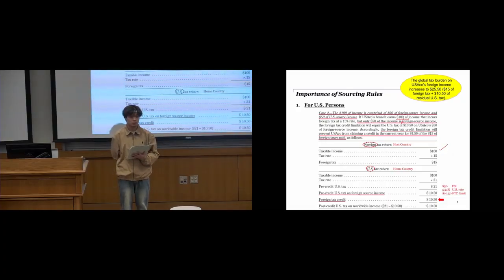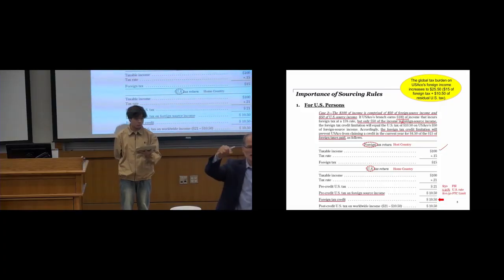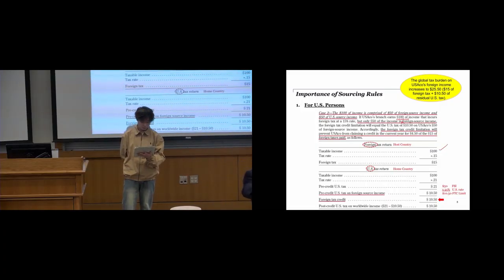We're going to go income by income item, and the U.S. is going to tell us, is that U.S. or is it non-U.S.? So in this example, without showing you why, what if only $50 of this income is considered foreign source income under the U.S. tax rules? What happens to the tax? Okay.